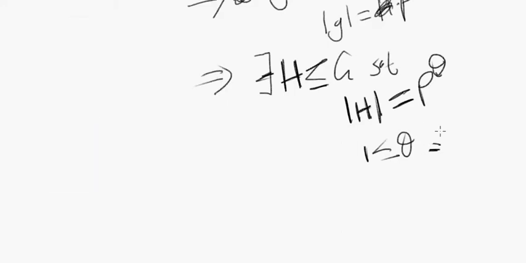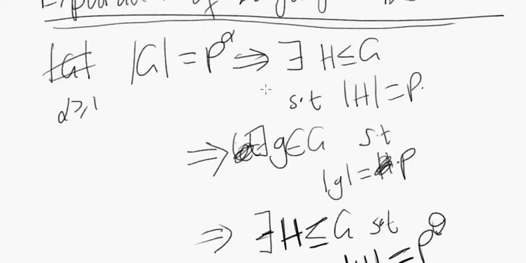So are we guaranteed some subgroup of G of the form p to the theta, where theta is strictly less than alpha? That is, a subgroup which is a prime power, but strictly smaller than G.